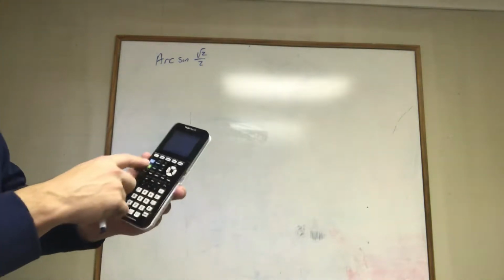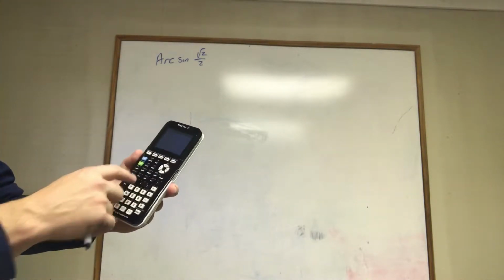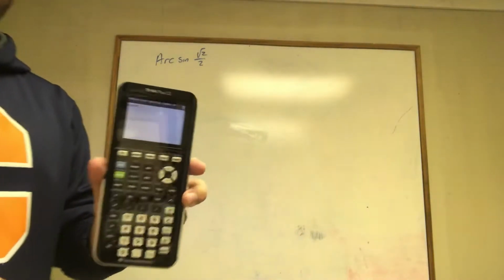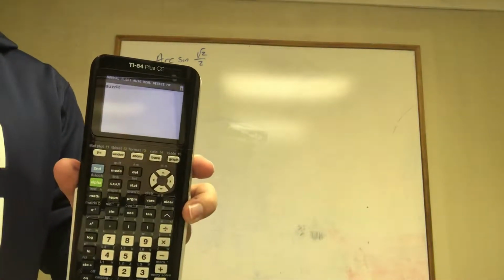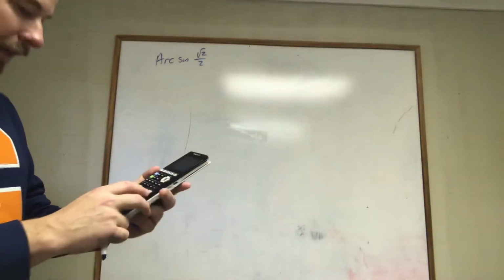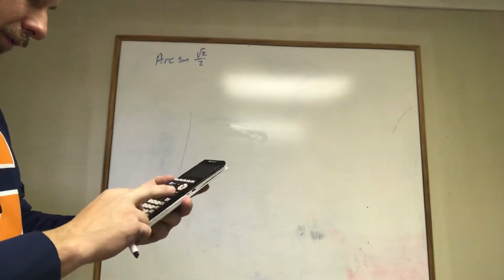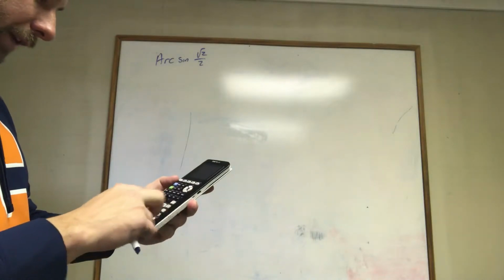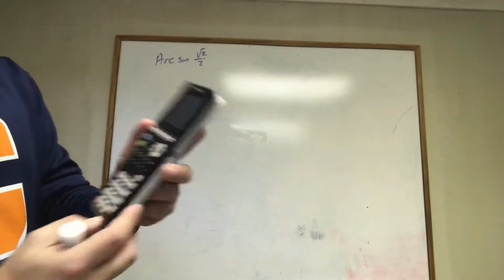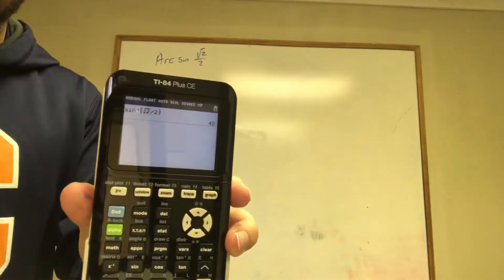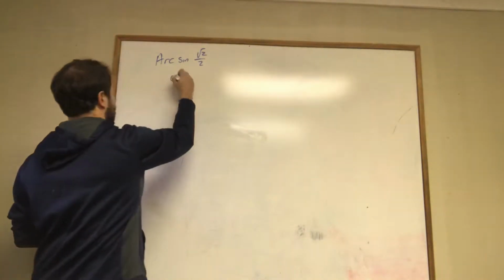Arc sine is going to be second function sine in your calculator, or sine to the -1. Then you put in radical 2 divided by 2, close parentheses, hit enter, and you're going to get 45 degrees. So the arc sine is 45 degrees.